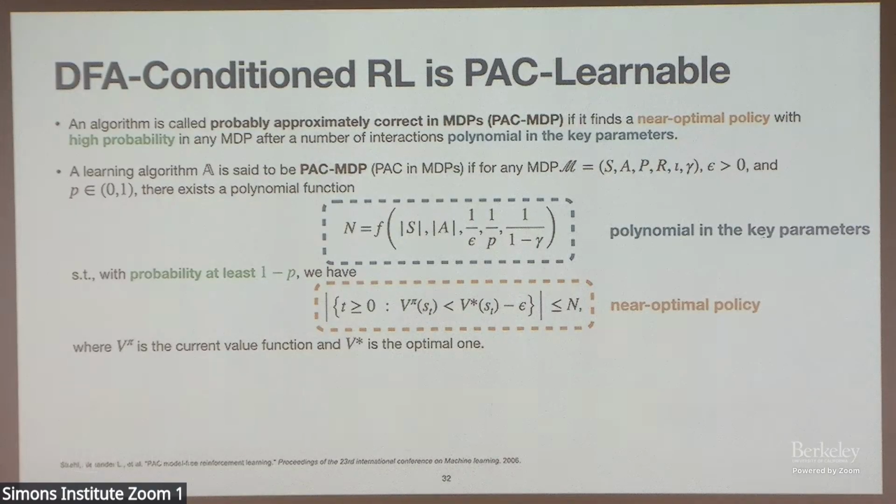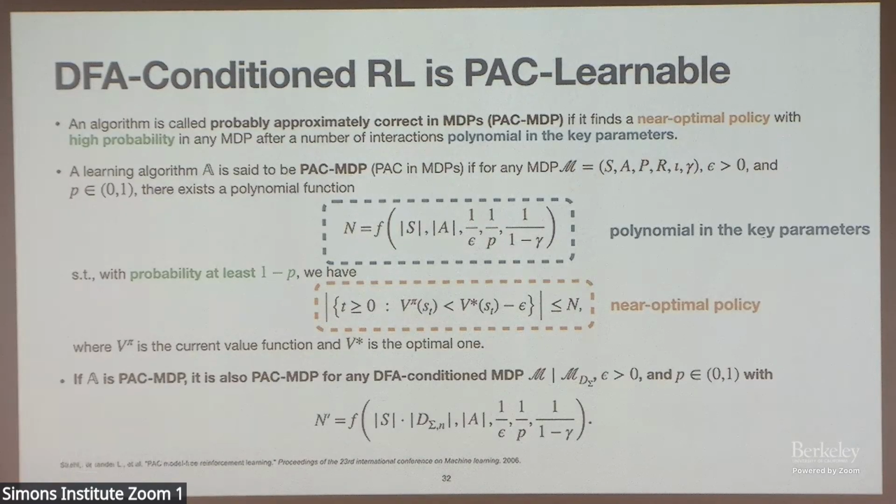So this is the framework. And as I said, the cascade composition of two MDPs is an MDP. So if you have an algorithm that is PAC in MDPs, it will also be PAC in any DFA conditioned MDP. You just need to consider the states in your DFA space too.